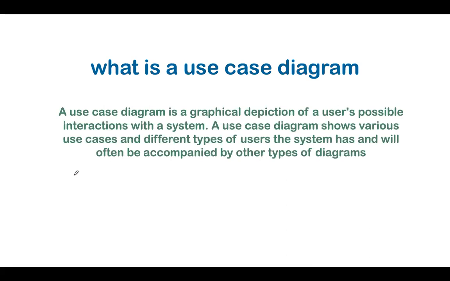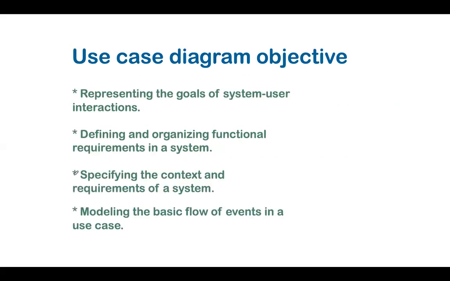Yes. So a use case diagram shows various use cases and different types of users that the system has and will often be accompanied by other types of diagrams. So why the use case diagram? The main objective is to represent the goals of system user interactions.